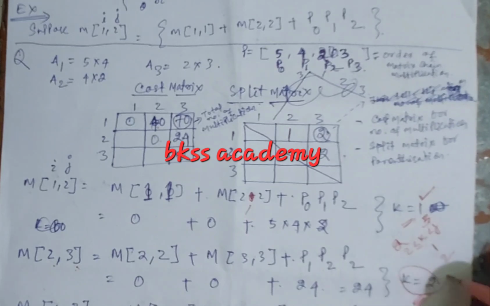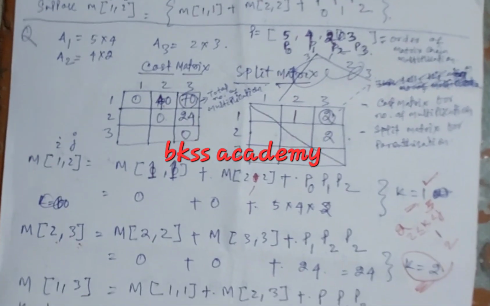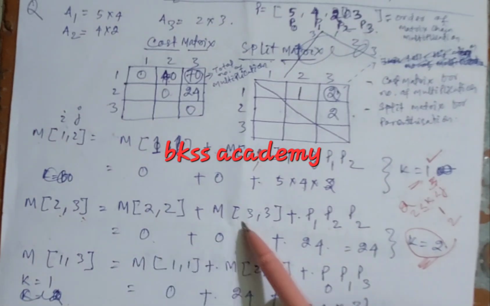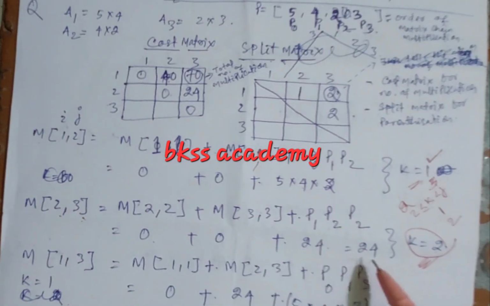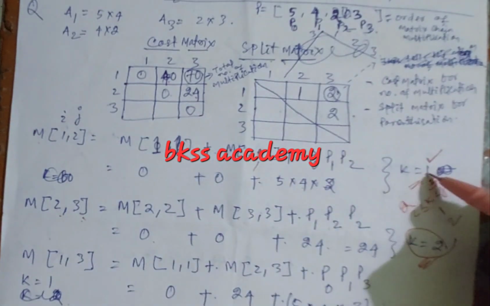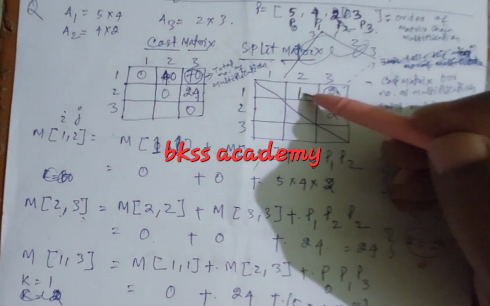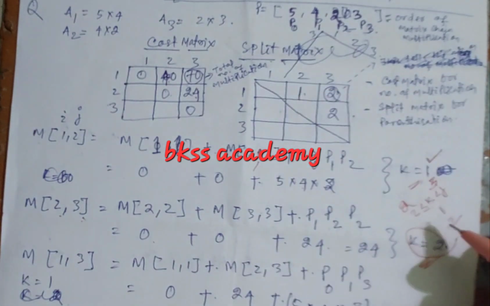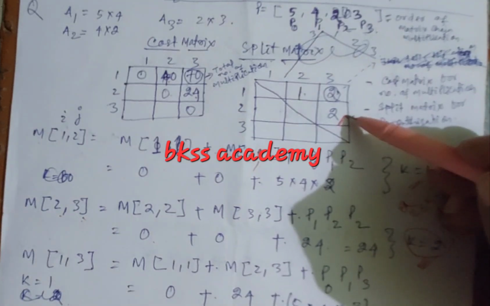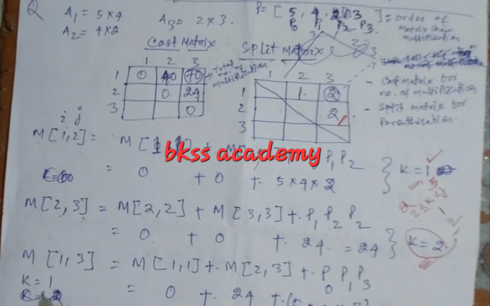So M23 will be M22 0, M33 0, and it will be 24. This box is filled with 24, and k is filled 1 here and k is filled 2 here. What is the value of k that will be filled here? This is 2.